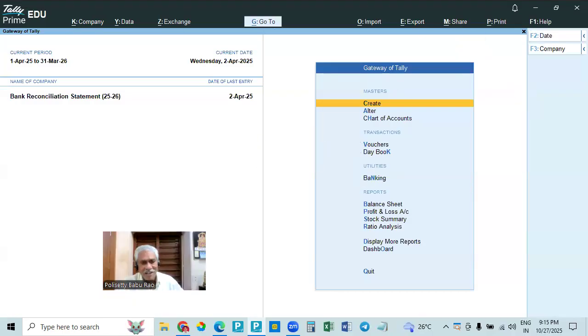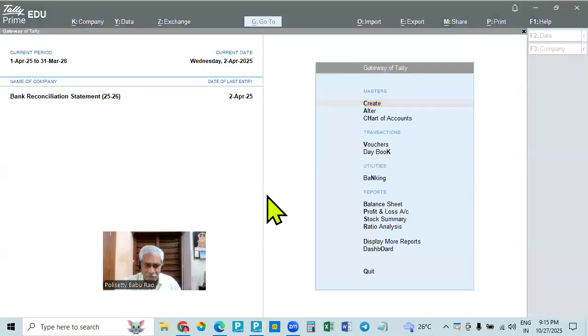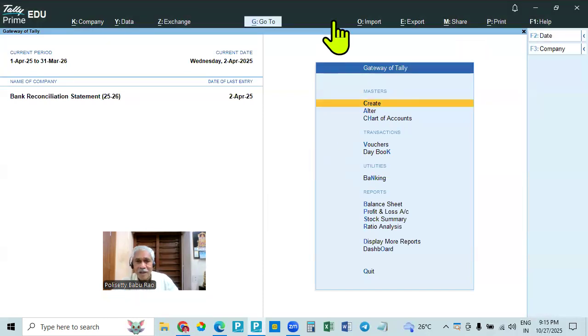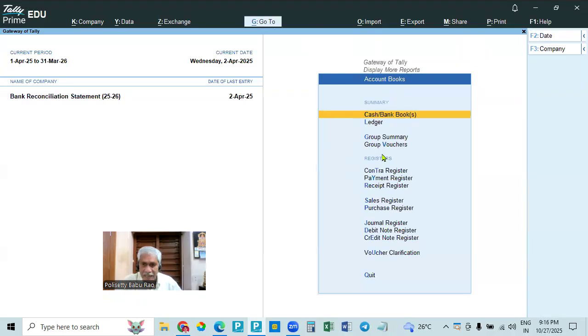So go through this one. You work out on your own, see the problem, and I will send the bank statement also. I will put it in the description. And the transactions you see by book, see whatever I am doing now.